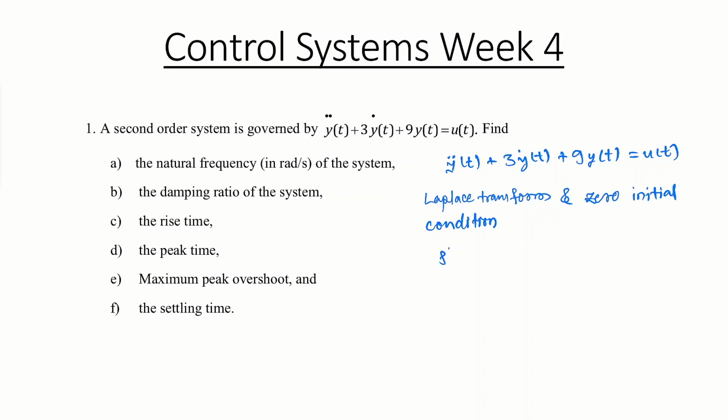That results in s square y of s plus 3 into s y of s plus 9 times y of s is equal to u of s.